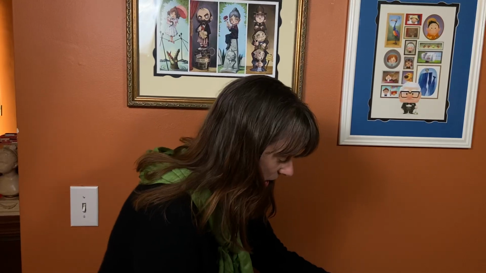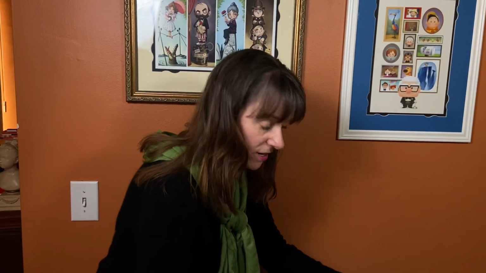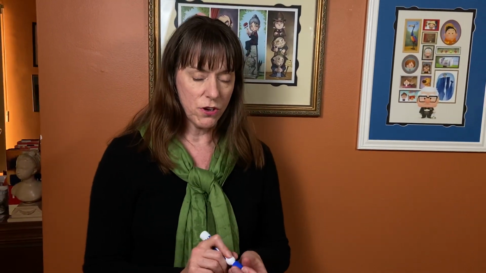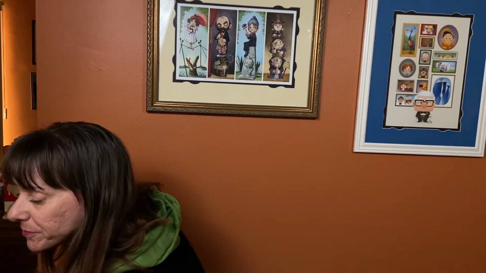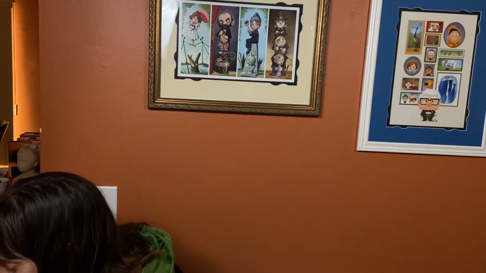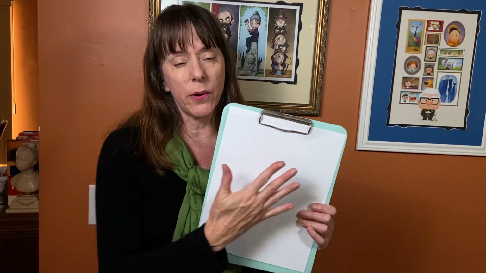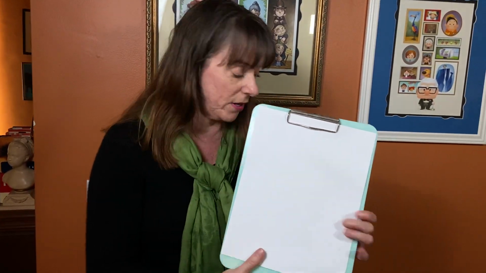And you are going to have a job to do today. You are going to be going on a hunt around your house for squares and rectangles, for quadrilaterals. So you have two choices here. You could either use your composition book and just take a page from that, or you could use another piece of paper. Now I have it on clipboard because I'm going to be moving around.